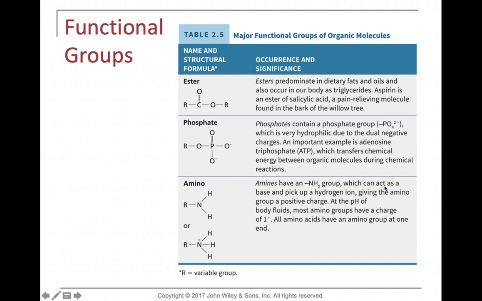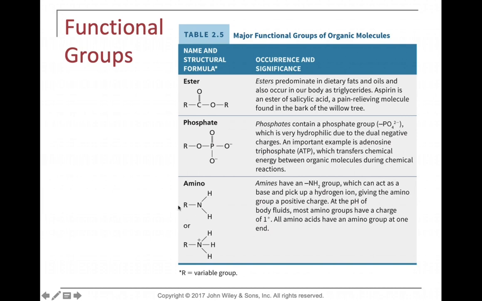Another group that we'll talk about are phosphates and the amine groups. Phosphates are this PO4. You have your phosphate with 4 oxygens there. Again, very hydrophilic. It's important. A classical example will be ATP, adenosine triphosphate.